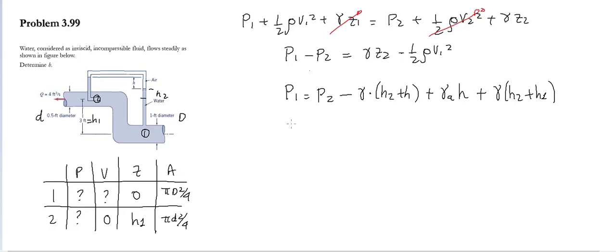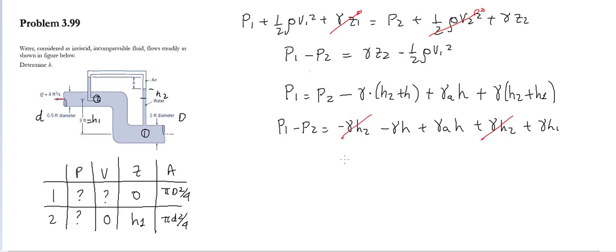Okay. Then what we have over here is P1. So when we write P1 minus P2, it is equal to minus gamma H2 minus gamma H plus gamma of air H plus gamma H2 plus gamma H1. And notice that the value for H2 cancels out.